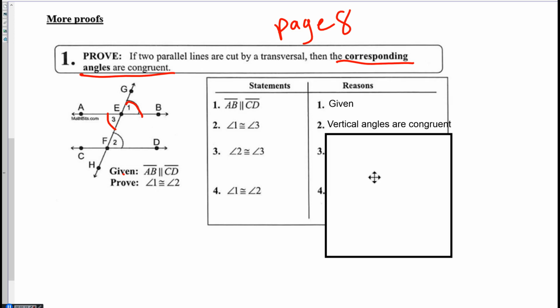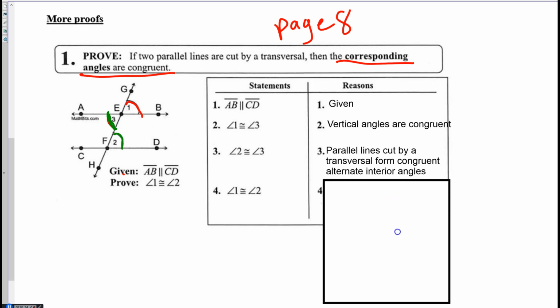My next statement, number 3, says that angle 2 is congruent to angle 3. Now, you should be familiar with this sort of picture by now to know that those are alternate interior angles. And anytime your lines are parallel, those alternate interior angles are always congruent.